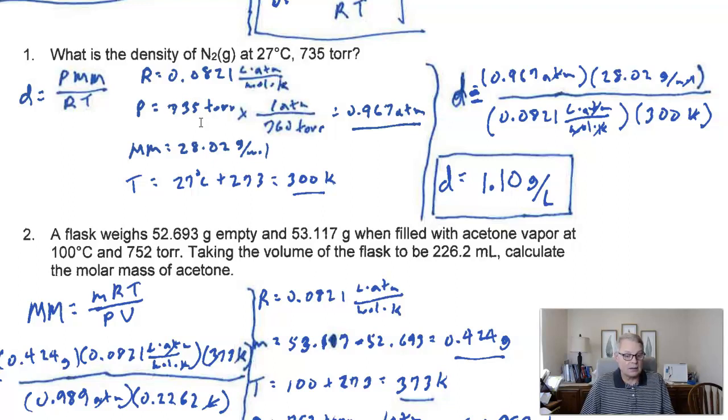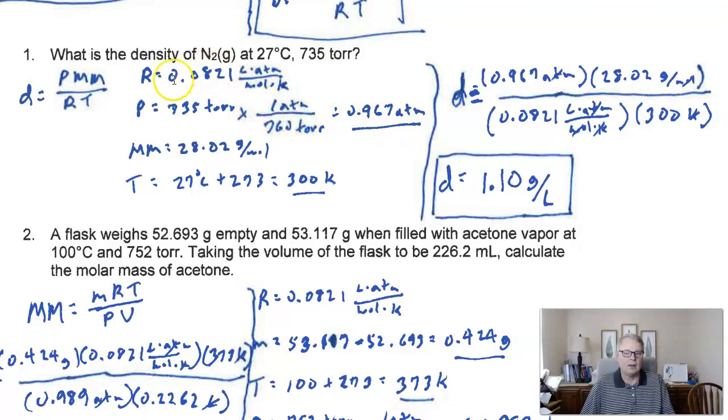That's a conversion factor that would be given to you on a test as well. You just have to be able to use it. So 735 torr, and I know 1 atmosphere is equal to 760 torr. Why did I put the 1 here and the 760 here? So I could cancel out the torr, and I'm left with atmospheres. So 735 divided by 760, 0.967 atmospheres, that's my pressure.